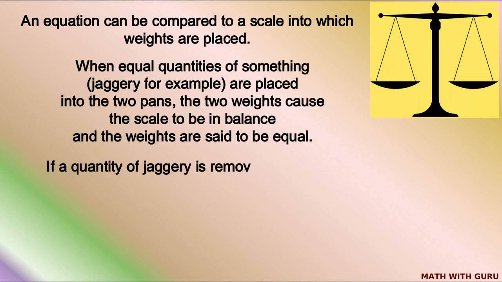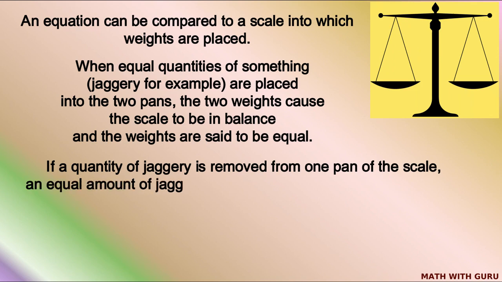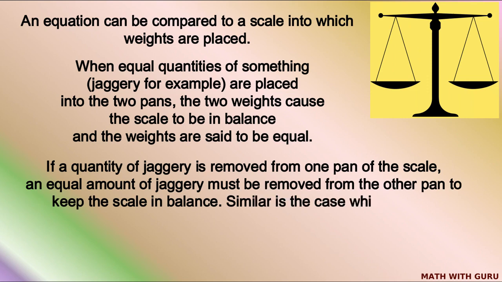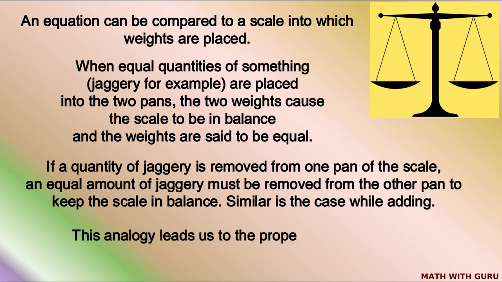If a quantity of jaggery is removed from one pan of the scale, an equal amount must be removed from the other pan to keep the scale in balance. Similar is the case while adding. This analogy leads us to the properties of an equation.